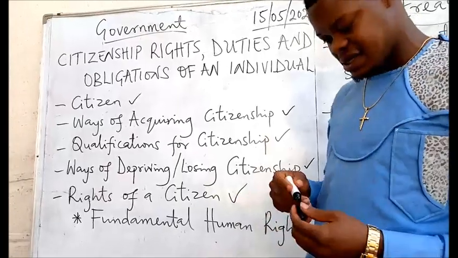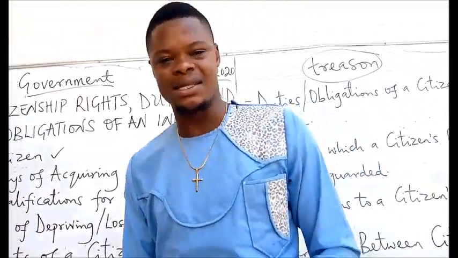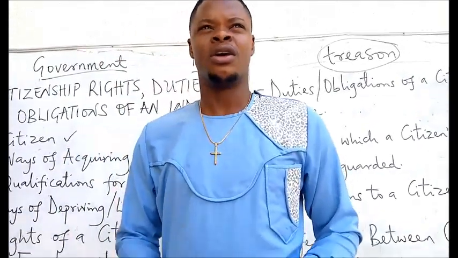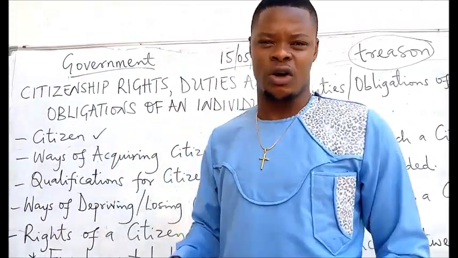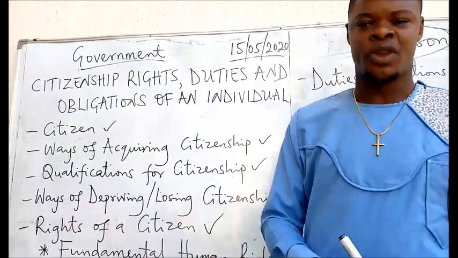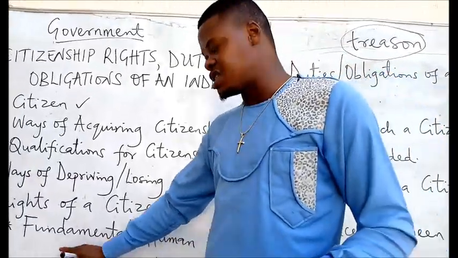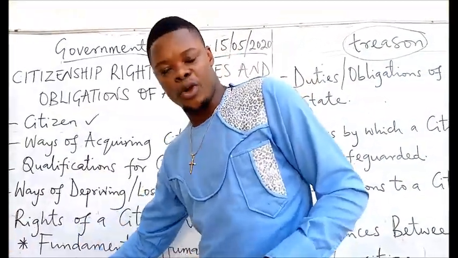All right. So from there we progress to rights of a citizen. What rights has a citizen in a country? So that takes us to, first of all, the definition of fundamental human rights, because this is what every government in the world wants to protect.